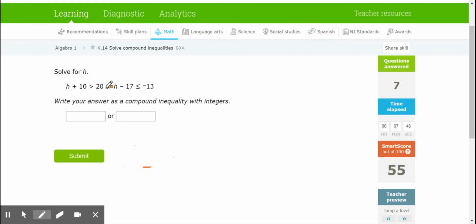So here, this is an or statement. We will subtract 10 from both sides. And that's going to give me h is greater than 10, or add 17 to both sides. Apologize for how sloppy this is.